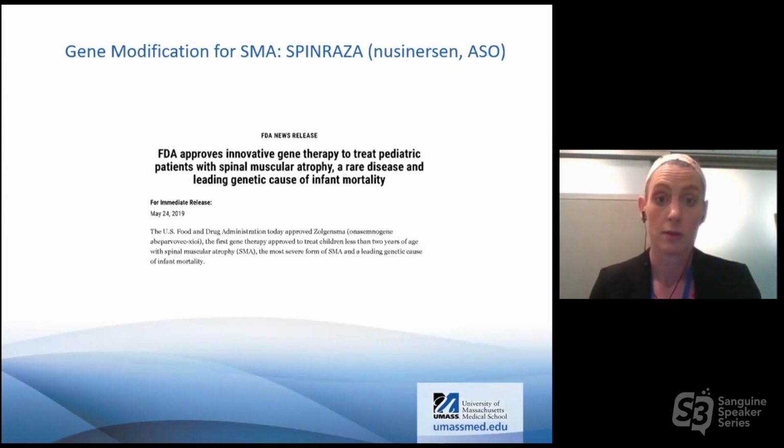So the first therapy of this type approved for SMA was Spinraza, which is a gene modification. We don't really call it gene therapy because it's not permanent, and it's something called an antisense oligonucleotide, which doesn't stay inside the cell forever, it degrades.